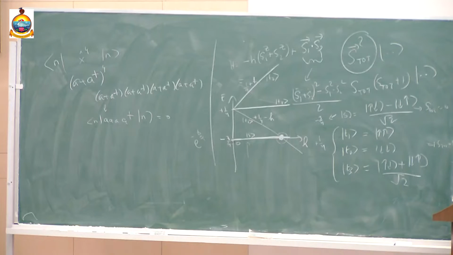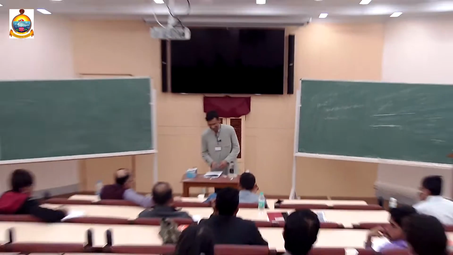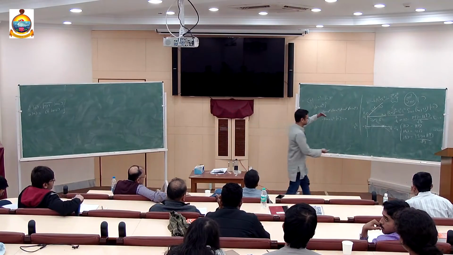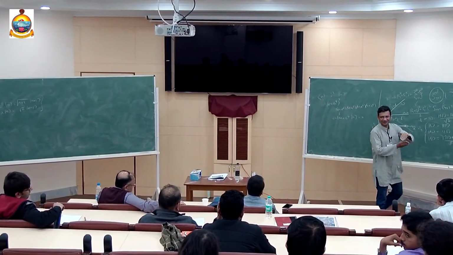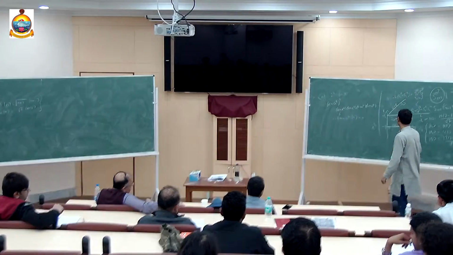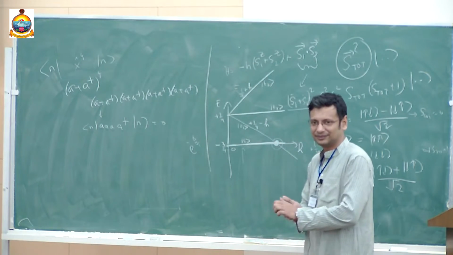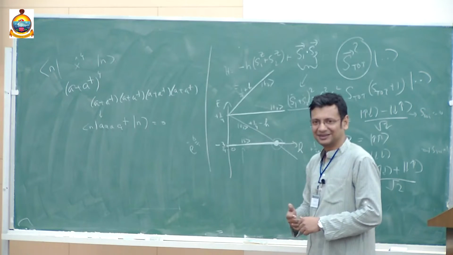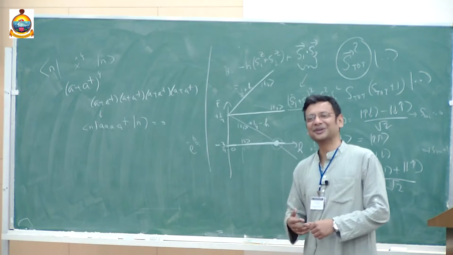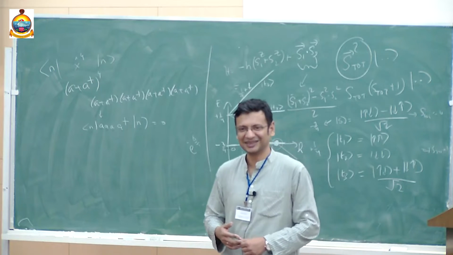Where? Here? No, there will be no phase transition. Yeah, I mean, there are some levels which are crossing, that is absolutely correct. But you won't call it a phase transition. Why?